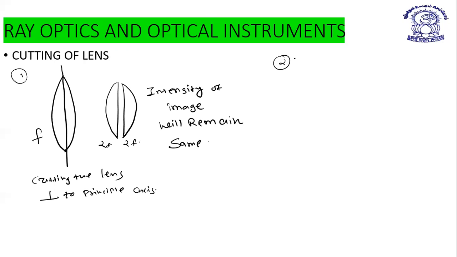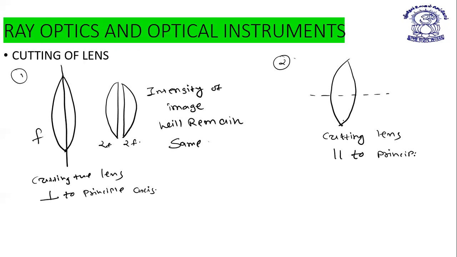Now, in the second case, if we cut the lens parallel to principal axis, we will get two lenses in this manner.